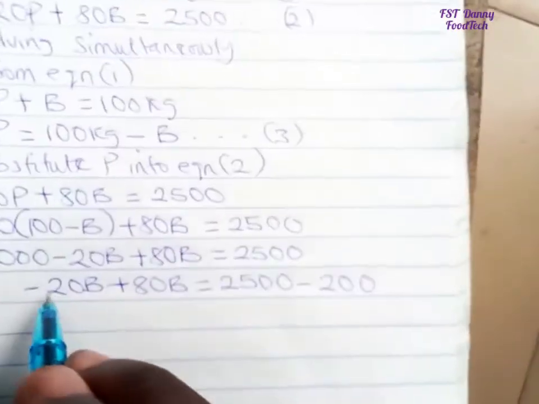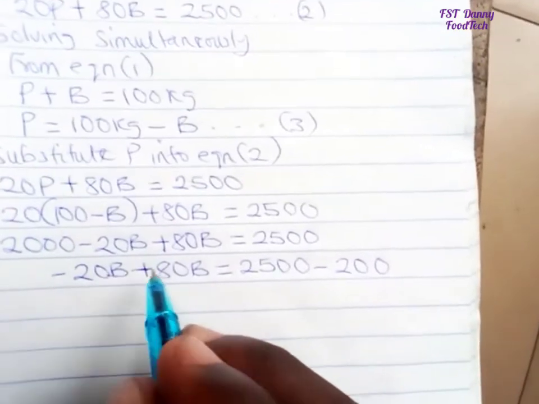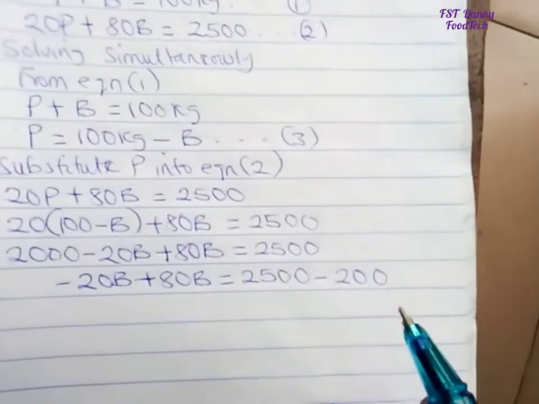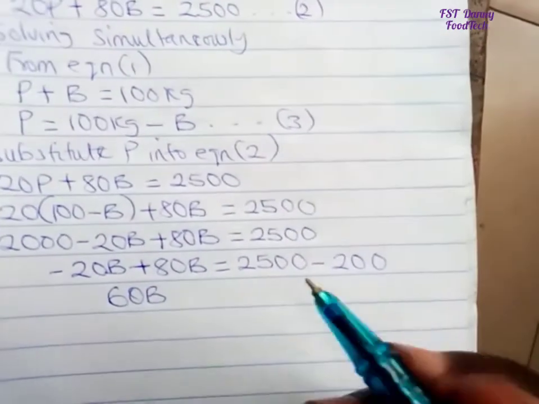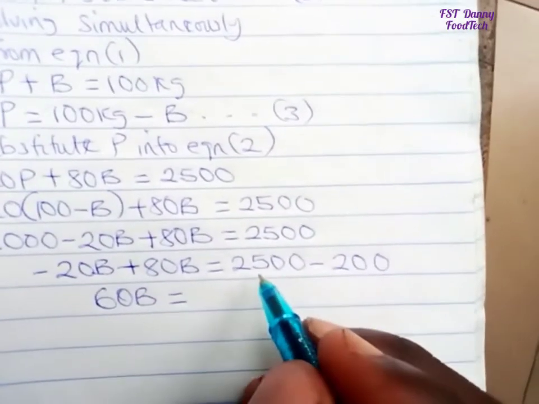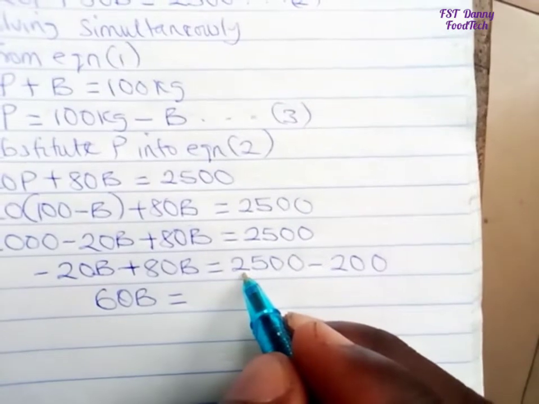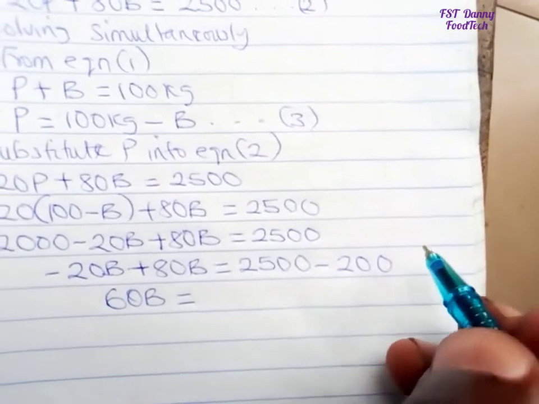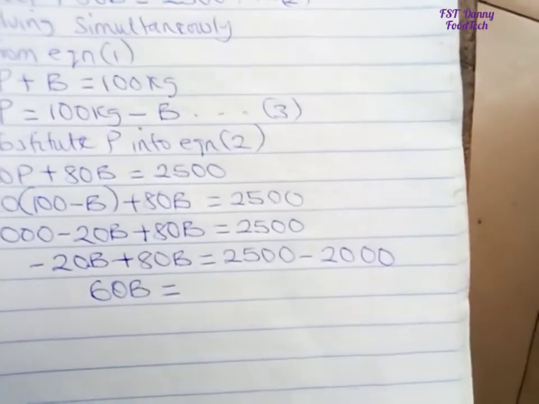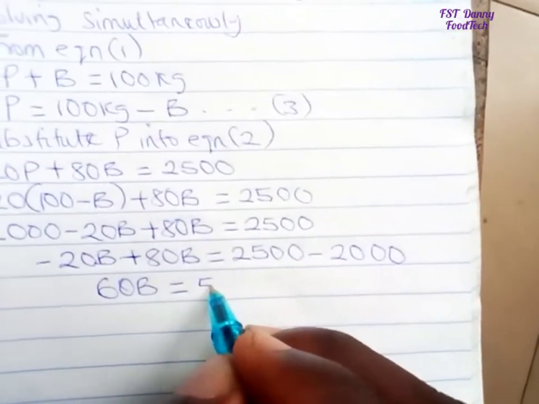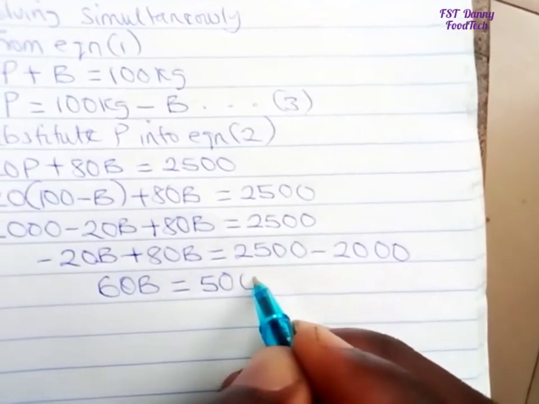So minus 20B plus 80B will give us 60B, and that is equal to 2500 minus 2000. That will give us 500.